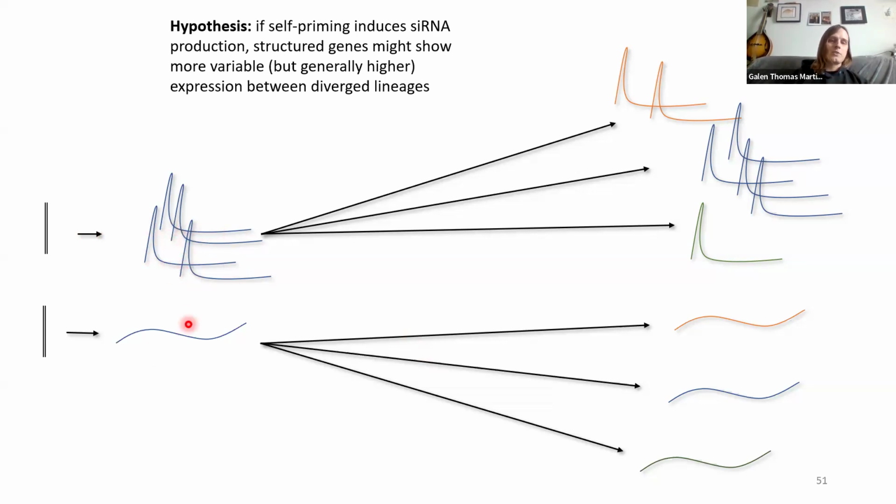They make more transcripts than the non-structured genes. But it could be that these are more stable over the entire phylogeny of maize versus these highly structured genes, which might be more unstable because there is sort of this conflict between RNA interference and expression.